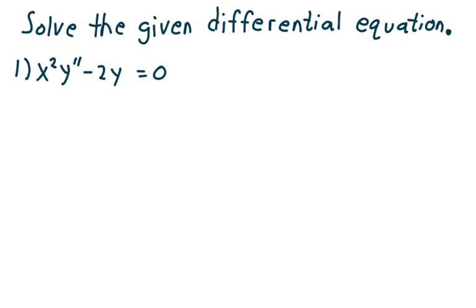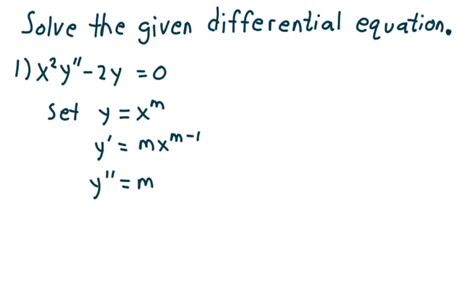So for this type of equation, we're going to set y equal to x to the m. y prime is m x to the m minus 1, and y double prime is equal to m times m minus 1, x raised to the m minus 2.